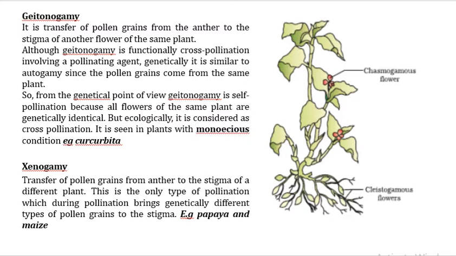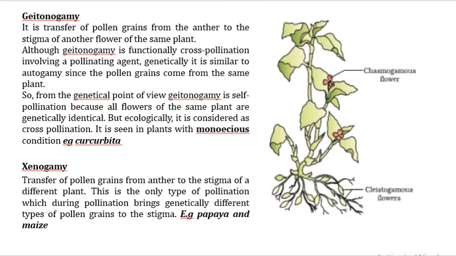That is, the pollen grains from the anther of one flower come in contact with the stigma of another flower of the same plant. This process of pollination is known as geitonogamy.